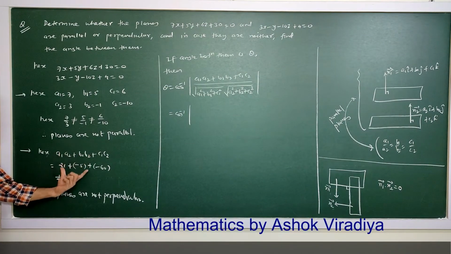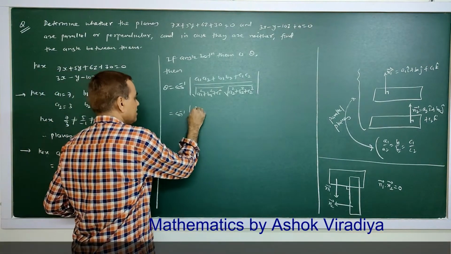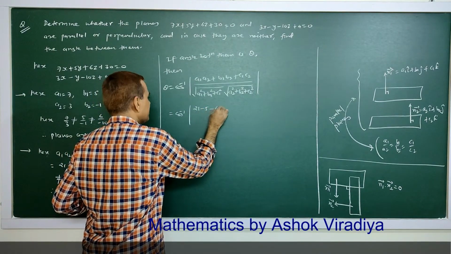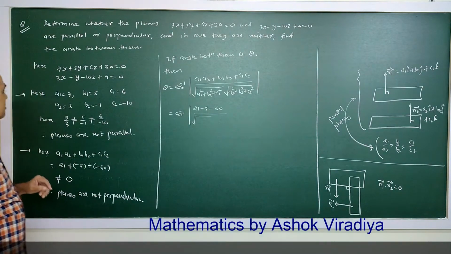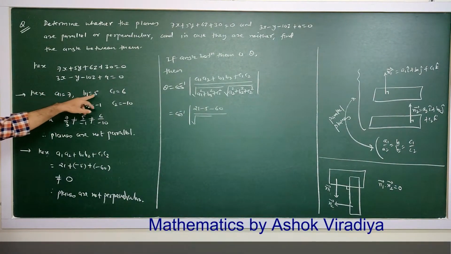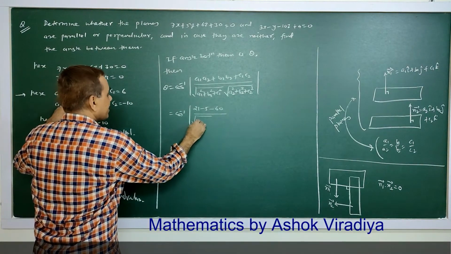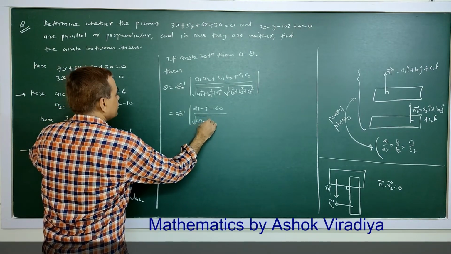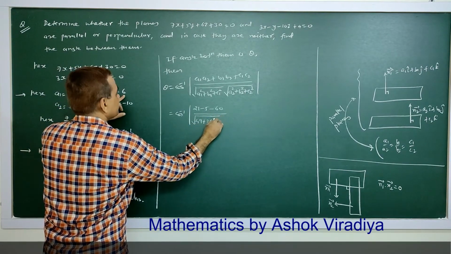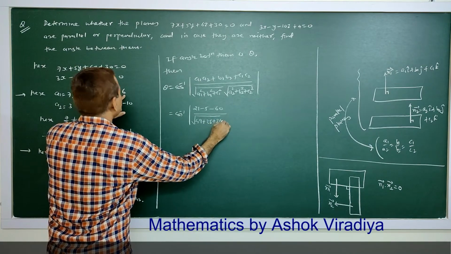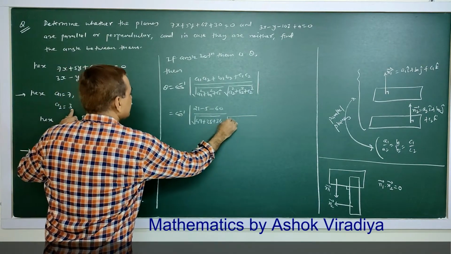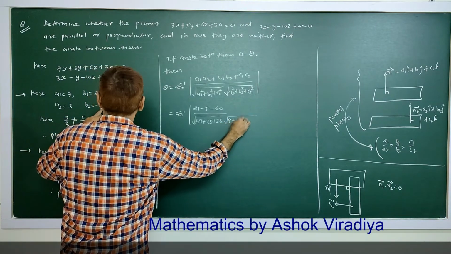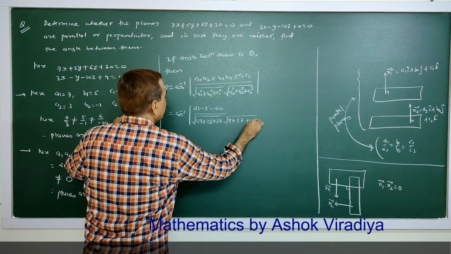Here already we have calculated. It is 21 minus 5 minus 60 upon square root of a1 square plus b1 square plus c1 square, 49 plus 25 plus 36, into square root of 9 plus 1 plus 100.